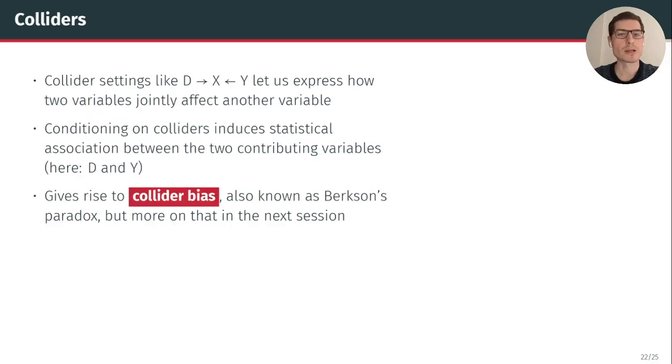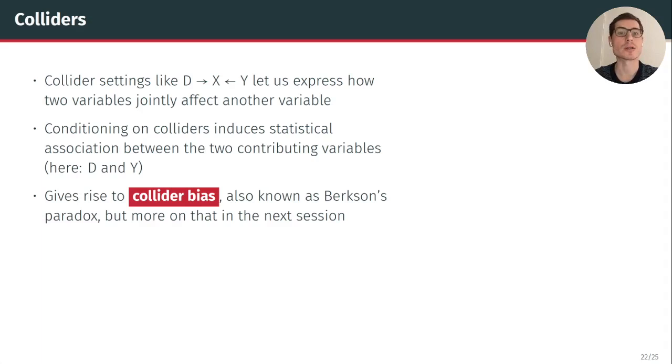Now for the final key pattern, which is colliders. Collider settings are, again, ingoing arrows into another variable and outgoing from the treatment and the outcome of interest. So in other words, they let us express how two variables jointly affect another variable. So what's the problem with colliders?